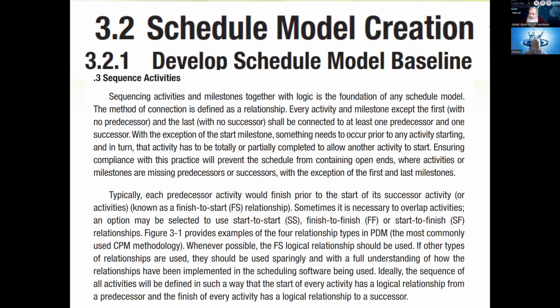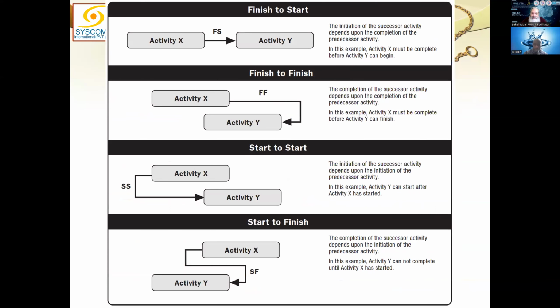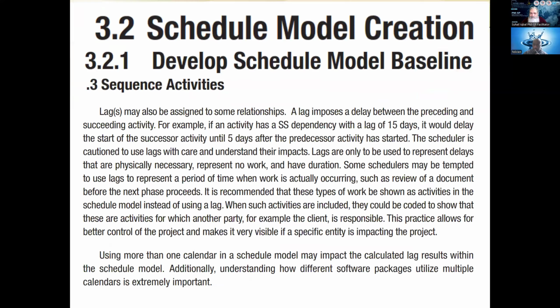Is it a critical chain method? Is it a critical path method? Or whatever, because your whole methodology is affected by the method you use. So I don't think we need to read the whole of this slide because we already know it very well. These are the various relationships we have already understood. We have talked about the lags and leads.